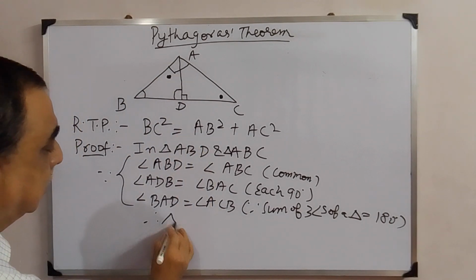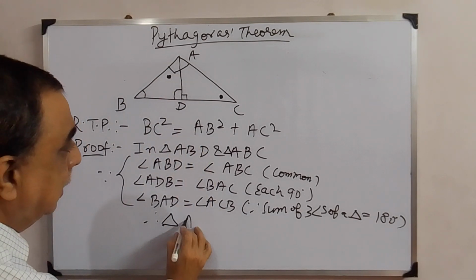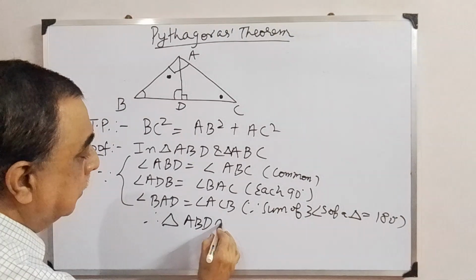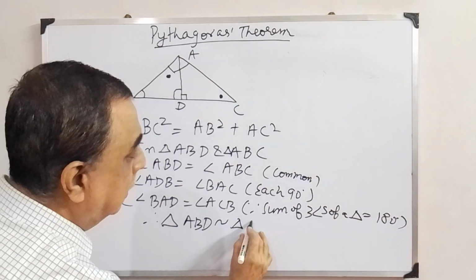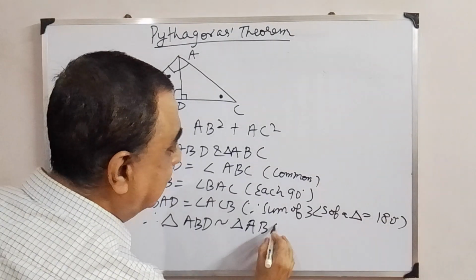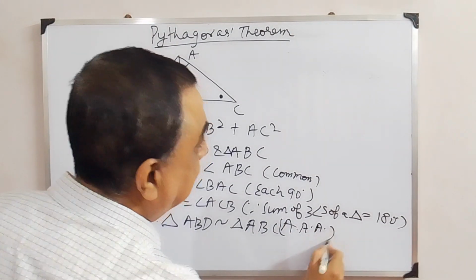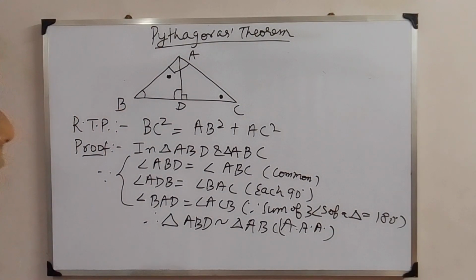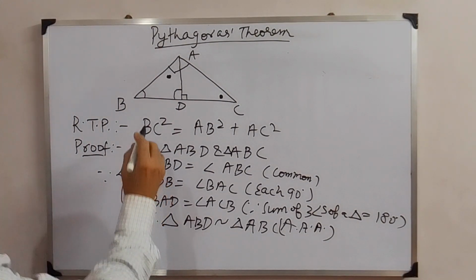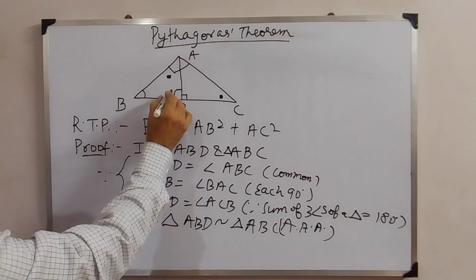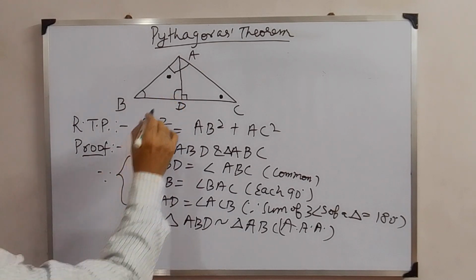So these two triangles become similar. Therefore triangle ABD is similar to triangle ABC. The reason is angle similarity. As a result, the corresponding sides are proportional.